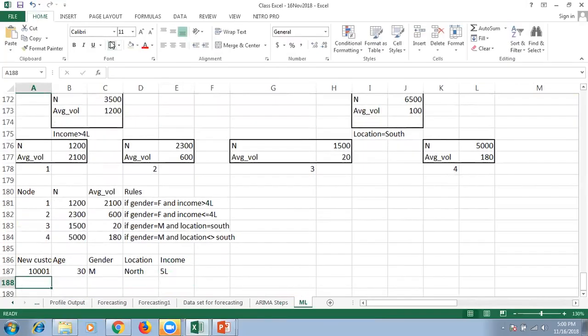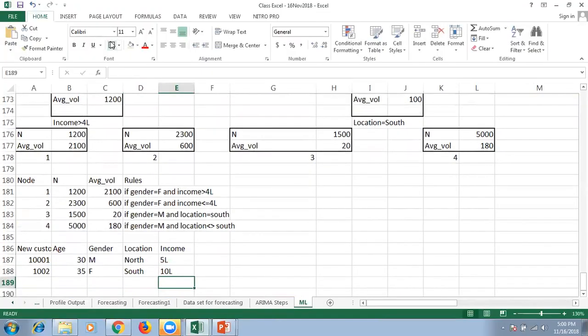And of course 10,002, age 35, gender equal to female, south location, 10 lakhs income. What is the predicted value? Gender equal to male and location equal to north.